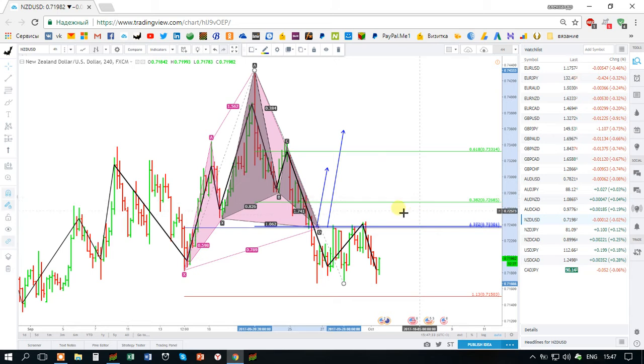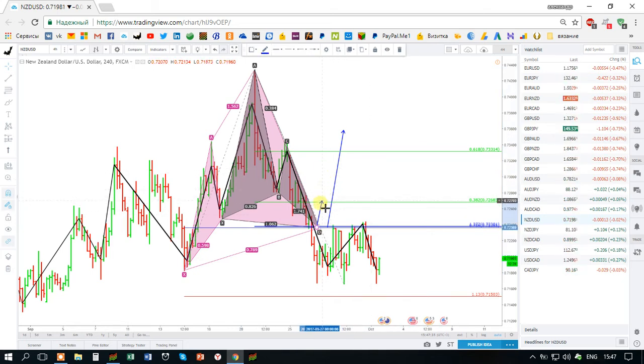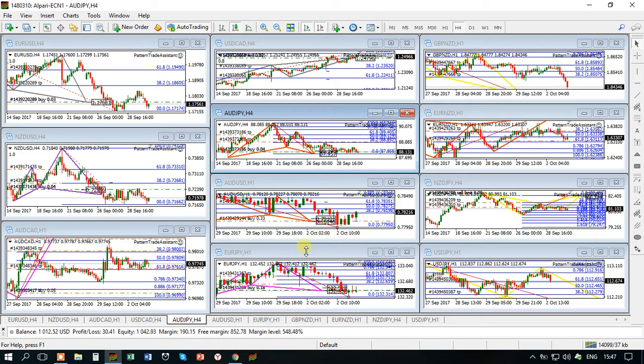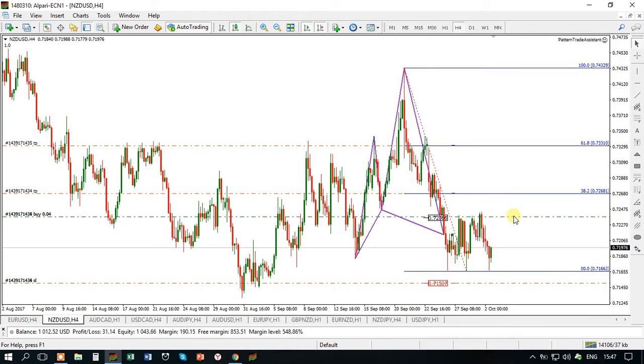So very small target. Target number 1 is this. Target number 2 is still good. So after adjustment, the targets are much smaller. Okay, NZDUSD looks this way in my Metatrader.